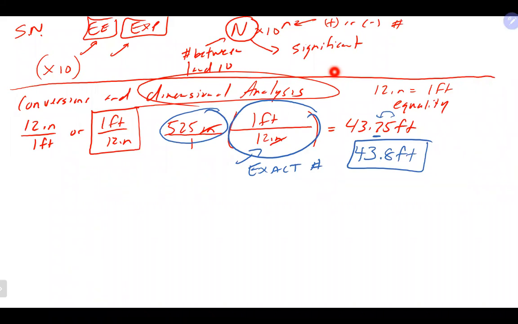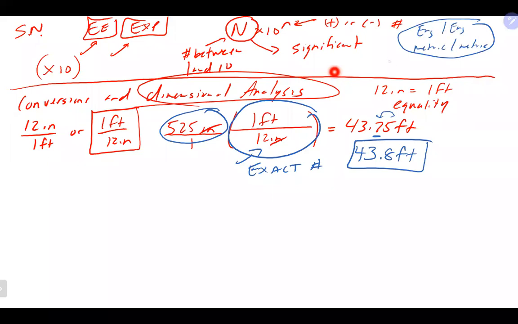Remember that in terms of conversion factors or equalities, if it is an English to English conversion, you're good. If it is a metric to metric conversion, you're pretty good. You don't have to really worry about significant figures.